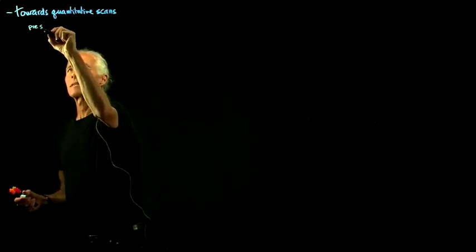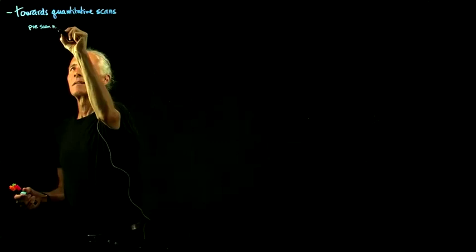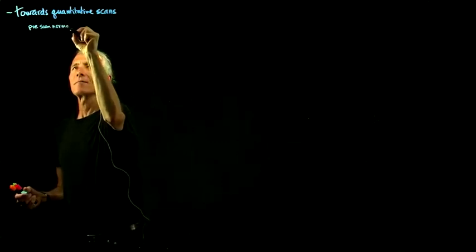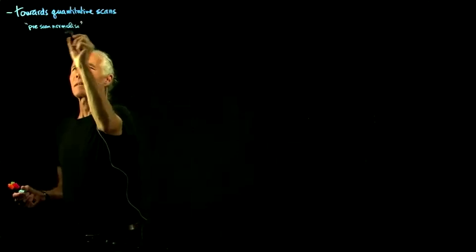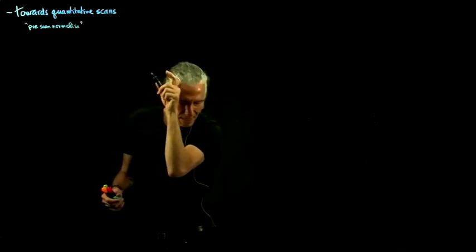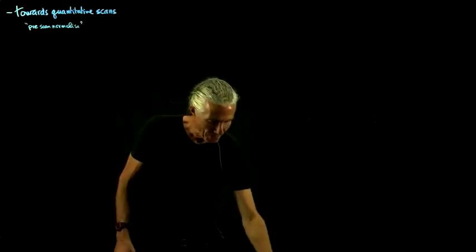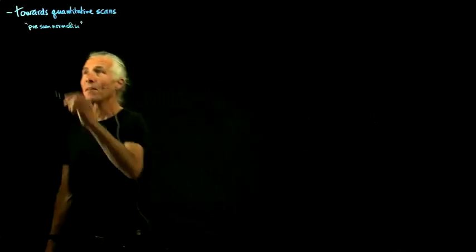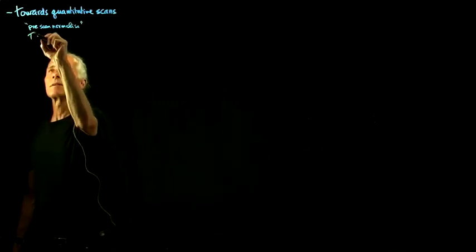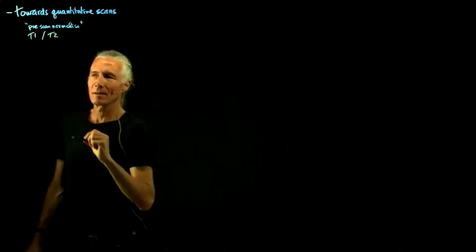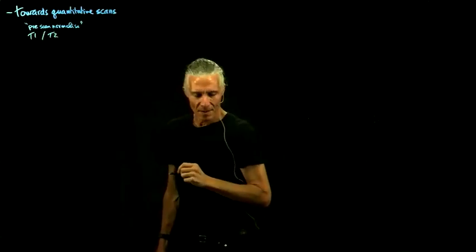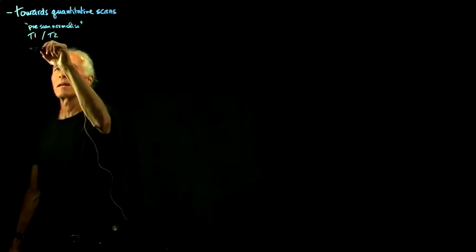This is something that we have on the scanner, PreScanNormalise, and then also T1 divided by T2, another method of trying to normalize things. And then I'll talk about MP2RAGE.